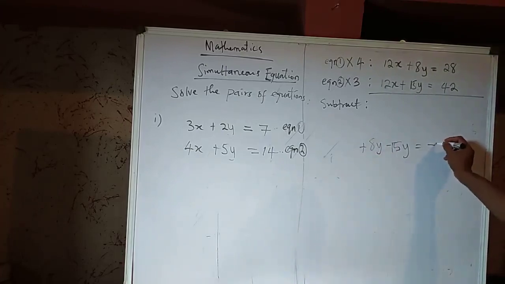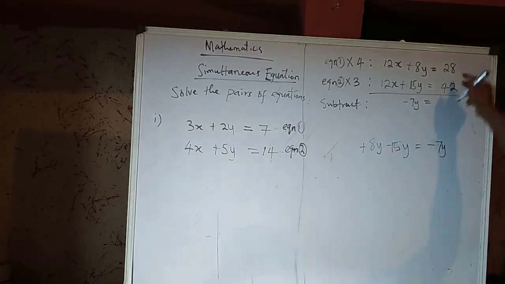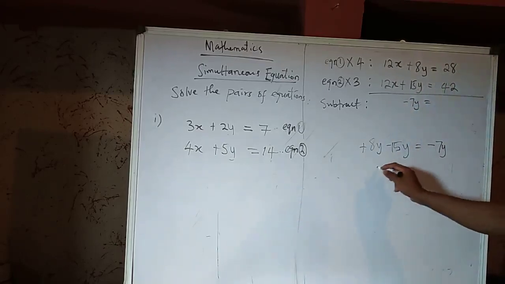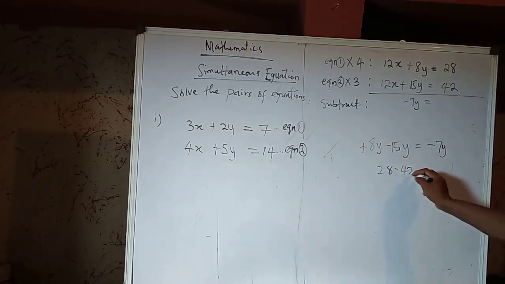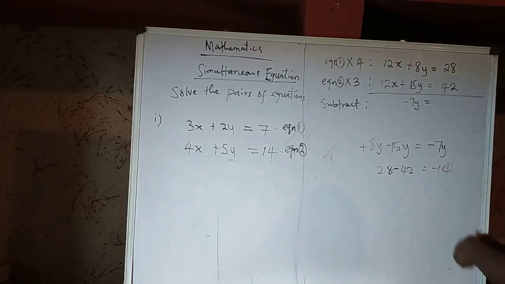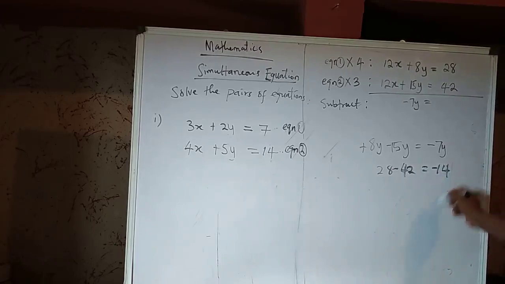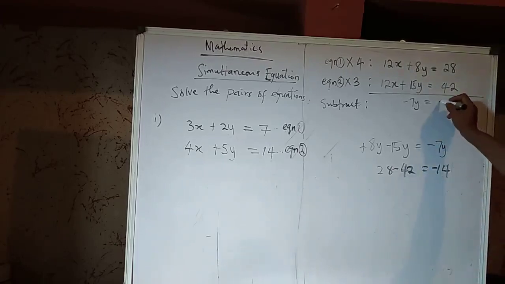How many will be left that you owe? It's going to be minus 7y. Minus 7y equals 28 minus 42. 28 minus 42 is minus 14, because you have 28 and you owe 42. So this will give you negative 14.